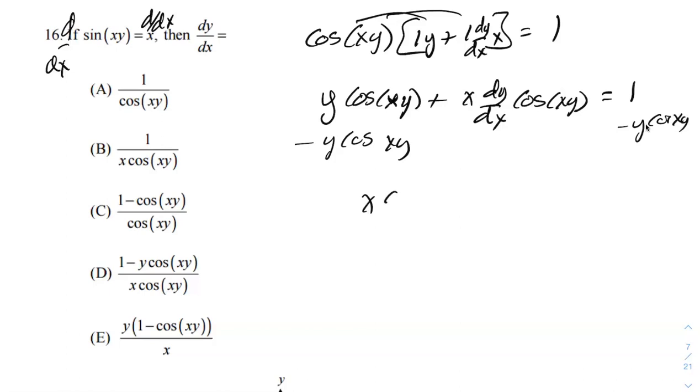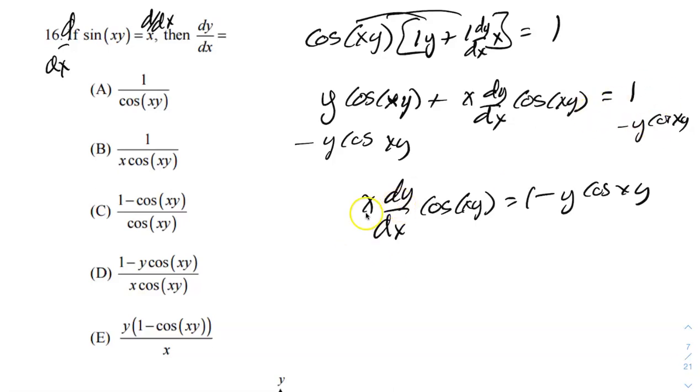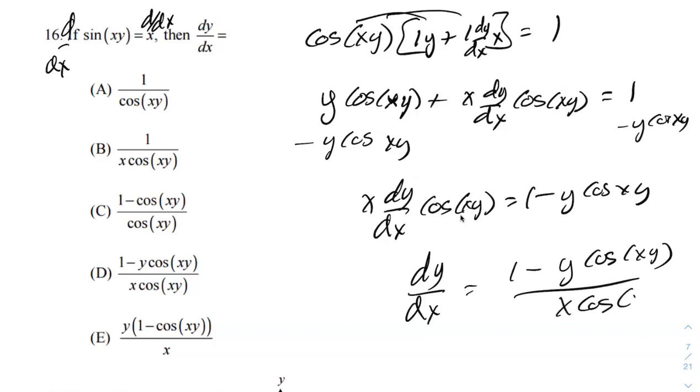So I get x dy dx cosine xy equals 1 minus y cosine xy. Then we're going to divide by what's not dy dx. So divide by x, divide by cosine xy. So dy dx equals 1 minus y cosine xy over x cosine xy. And that would be D.